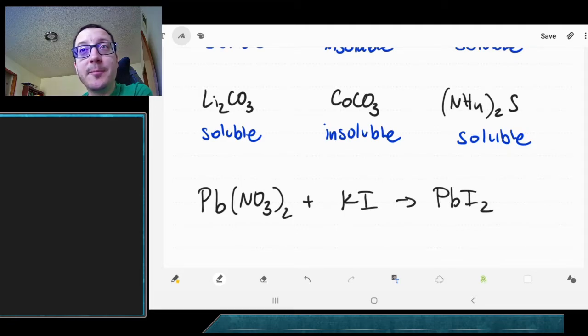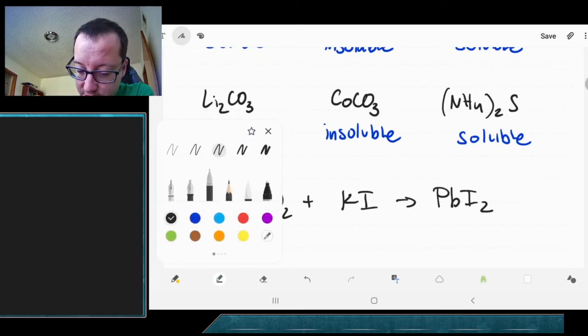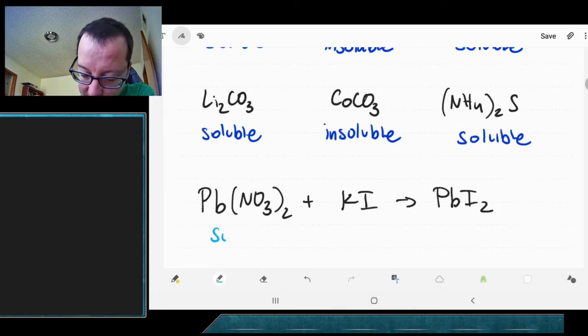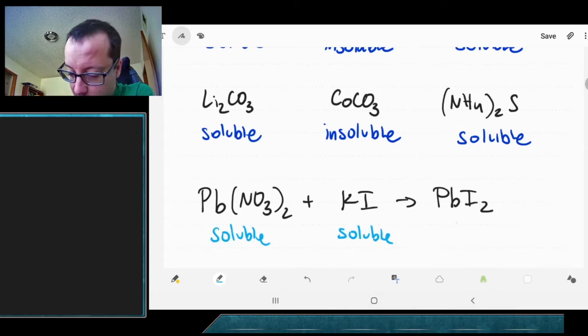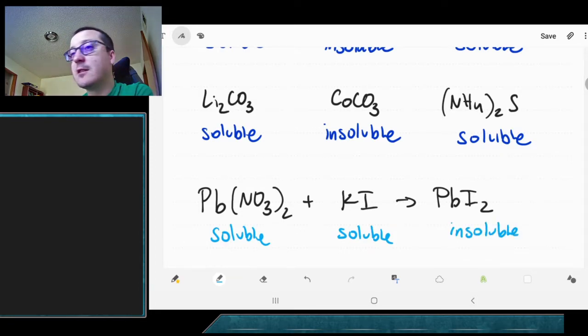And we're going to see that those 2 solutions are clear, but when we mix them, we end up getting out this insoluble substance of the lead 2 iodide. So we're expecting this one to be soluble, but this one will be insoluble. And so we can see what that looks like. So let me go ahead and share that window.